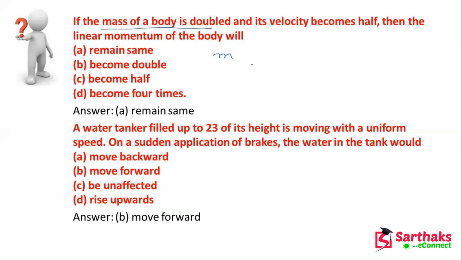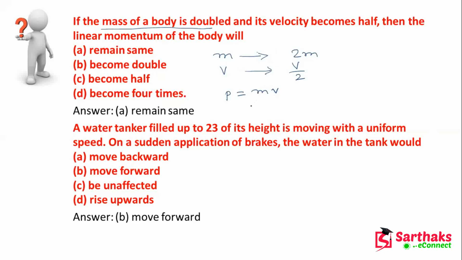Previously the mass was m, now it becomes twice m. And previously the velocity is v, now it becomes v by 2. Then the linear momentum of the body will be how much? Now always you know that momentum is related to mass and velocity, right? And momentum is the product of mass and velocity.